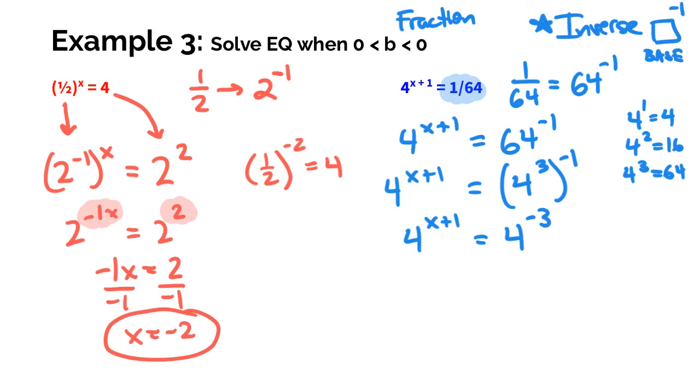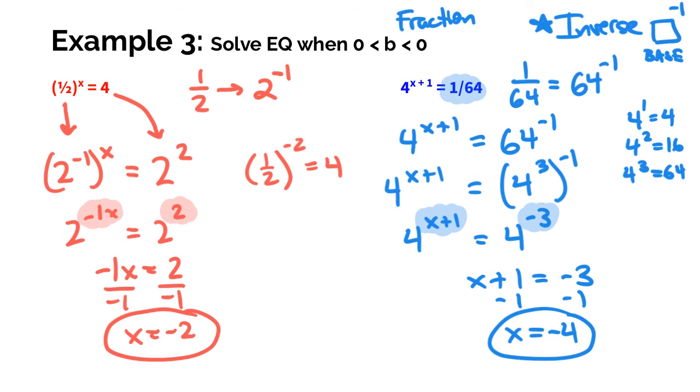Now that my bases are the same, I can think about what value of x I would plug in to give me -3 as an end result. So I'm going to take x plus 1 and just set it equal to -3. I'm then going to subtract 1 from both sides, and I'd get x equals -4, and there's my final answer.